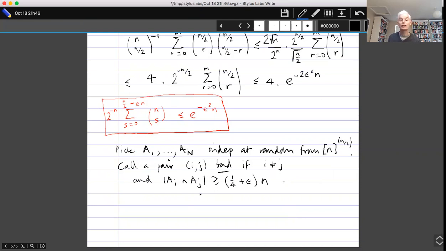And so the expected number of bad pairs is less than or equal to the total number of pairs times the probability that each pair is bad, which is at most 4 times e to the minus 2 epsilon squared n.